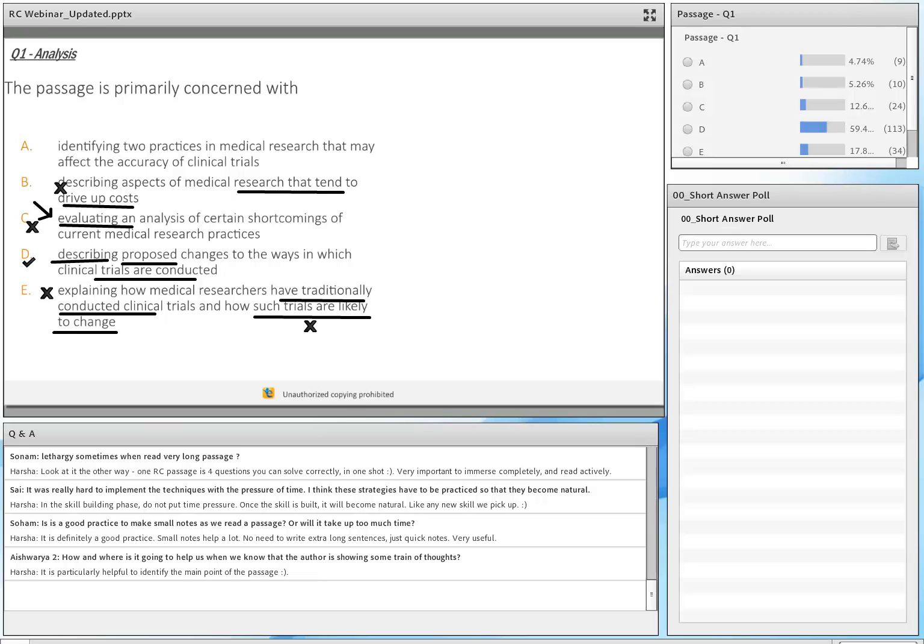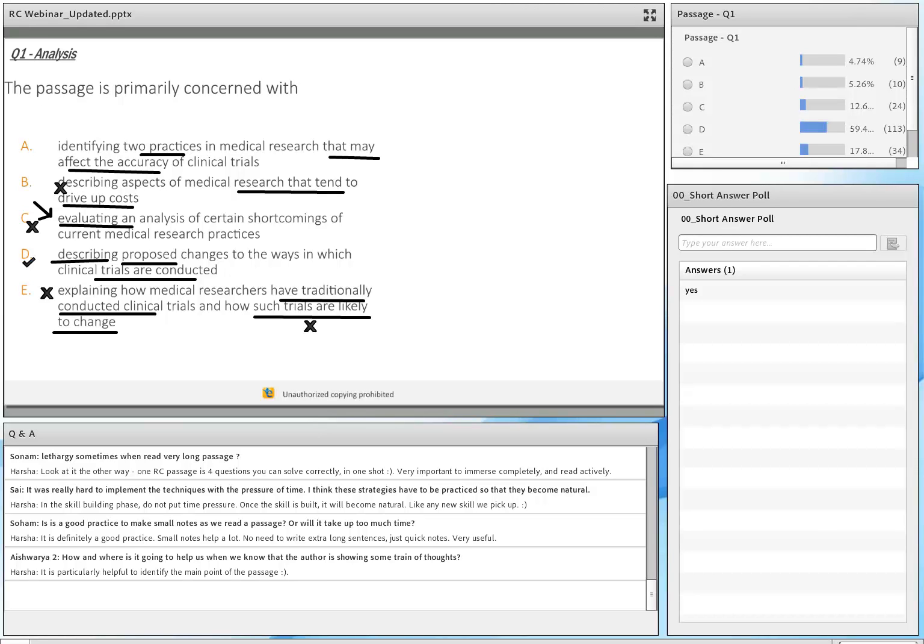Now, in choice A, the author does identify 2 practices, right? But the purpose is not to explain those practices, all right? And the second thing is, those practices do not affect the accuracy of trials.